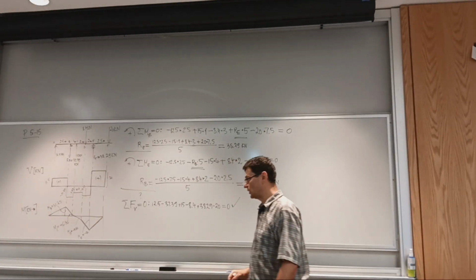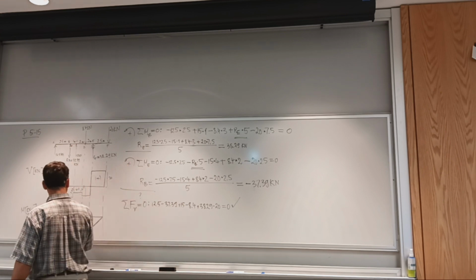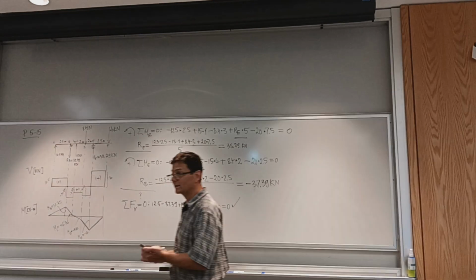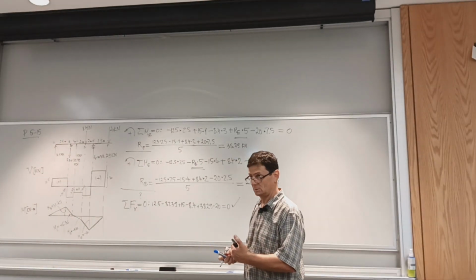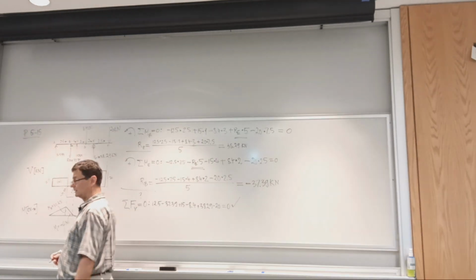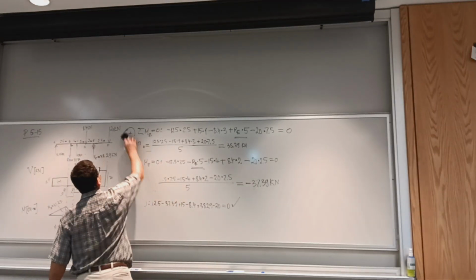All right, so one thing that's rather new is to find where the moment is 0. Where along the beam the moment is 0. Okay, so how can we get that? There are a couple of ways. I'm going to use similar triangles.